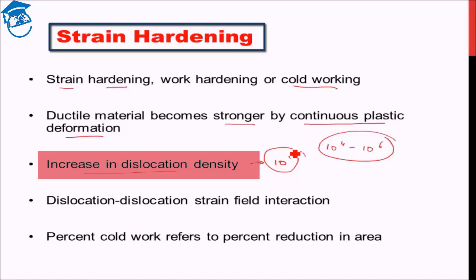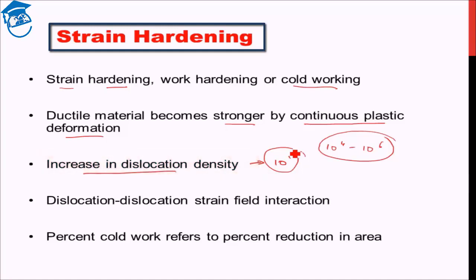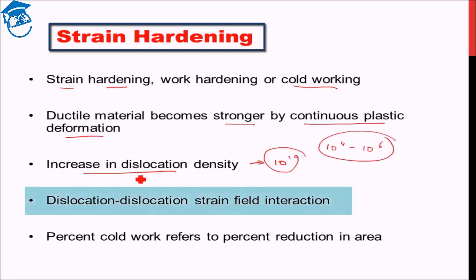So see what exactly is happening. You start to deform a material, dislocation density starts to increase, and that starts to try to prevent further deformation of the material. So the deformation of the material restricts further deformation from happening by increasing the dislocation density and leading to dislocation strain field interaction. This we have already discussed.